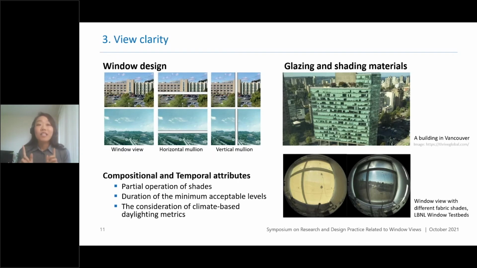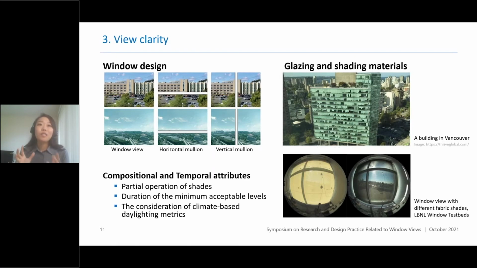And another design criterion for view clarity is compositional and temporal attributes, which is the most understudied, but also really complex. Because as you can see in the building in Vancouver, usually the shade is operated partially, not fully.